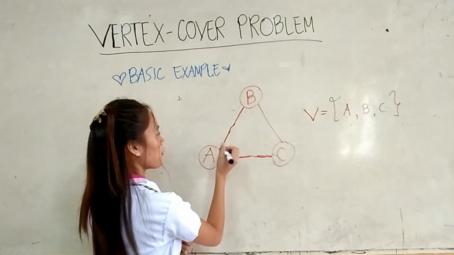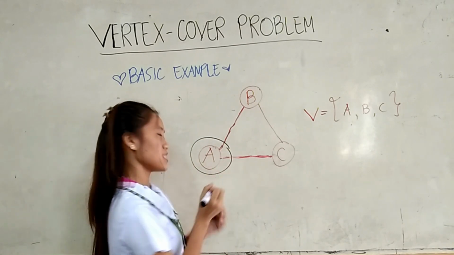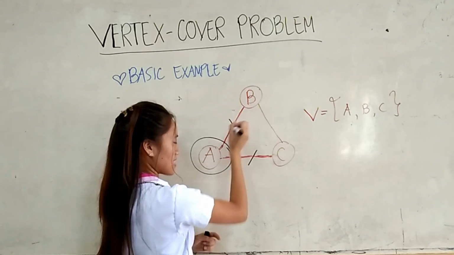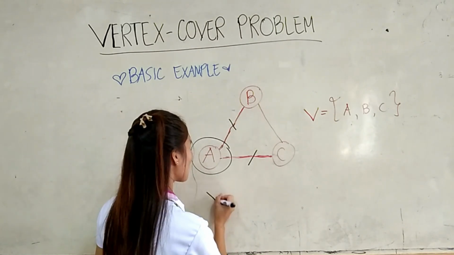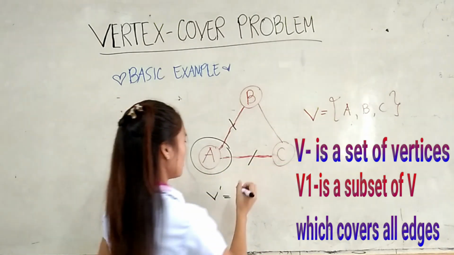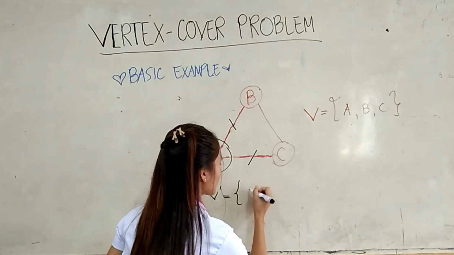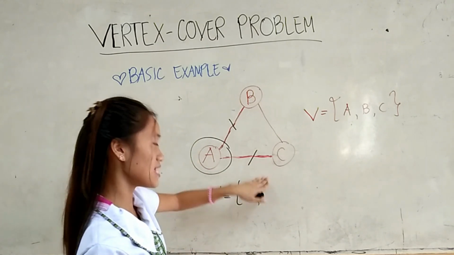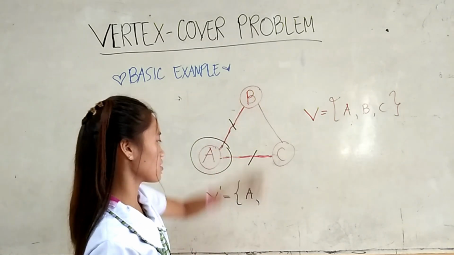Now, if we consider vertex A, it covers this edge and this edge. So we have V-1, which is a subset of V. We put vertex A here, since it covers these two edges.